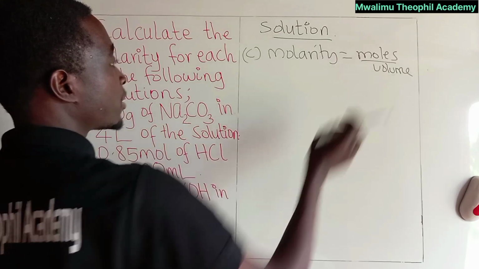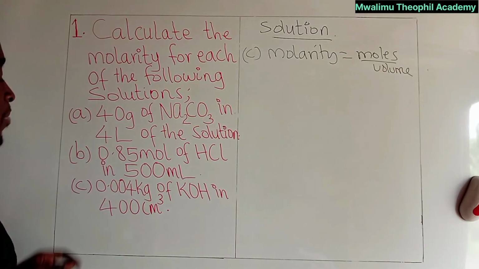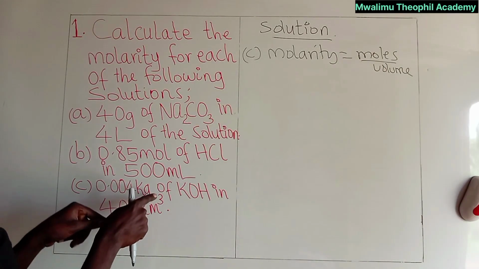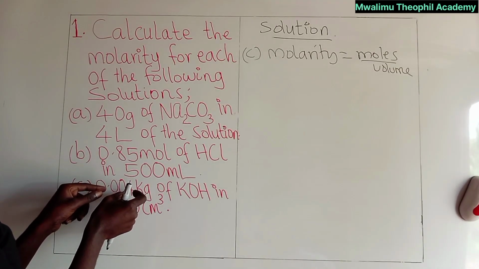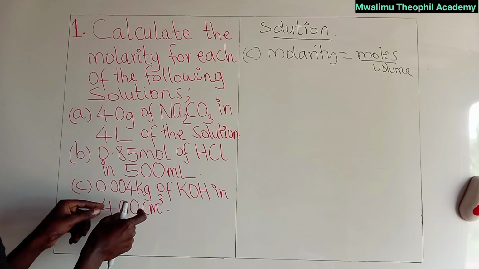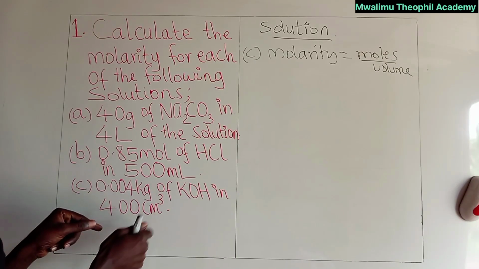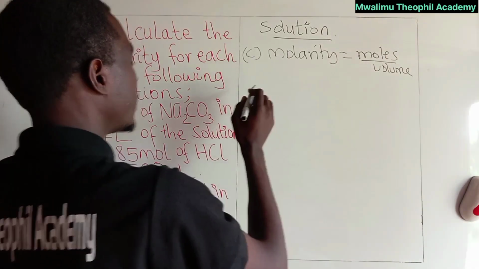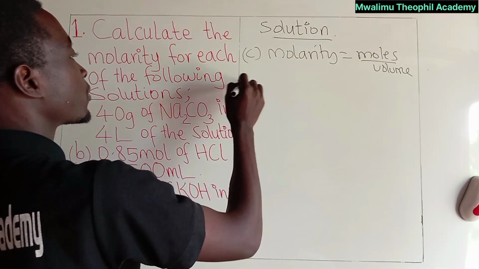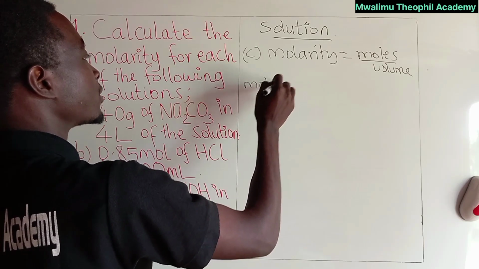Now, we are not given the number of moles, but we are given the volume, which is in centimeter cubed. So, here, the given mass is going to be converted to moles, and the given volume, which is in centimeter cubed, is going to be converted to liters. Let's start. The number of moles, we know, is equal to mass over molar mass.